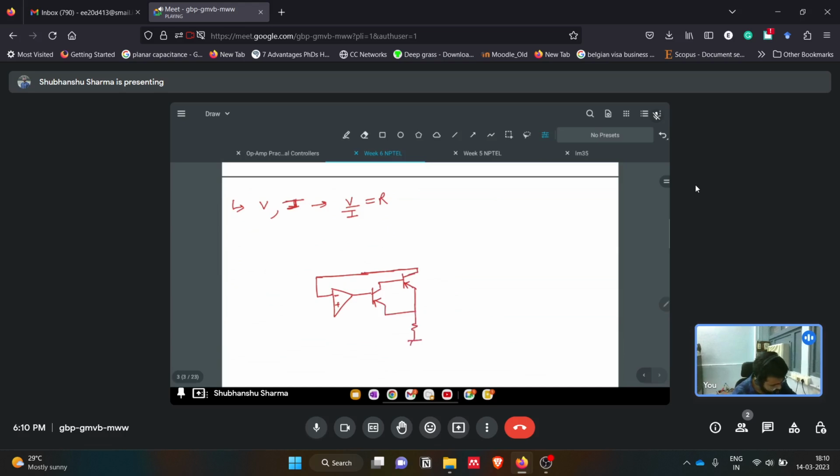This is the load resistor across which we have to measure the current, and this is where we are giving supply to these transistors.